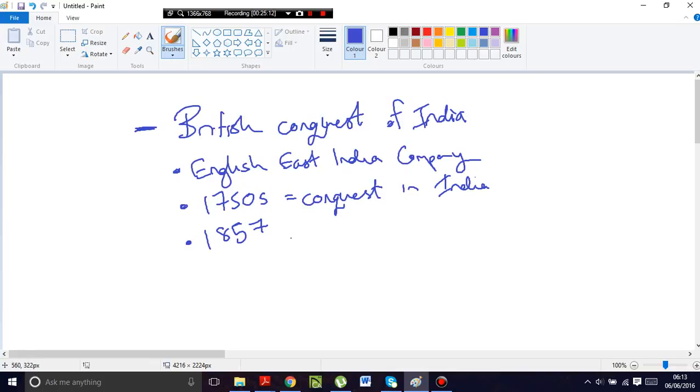And once order was restored in 1858, the British government abolished the East India Company and assumed direct rule over the subcontinent.